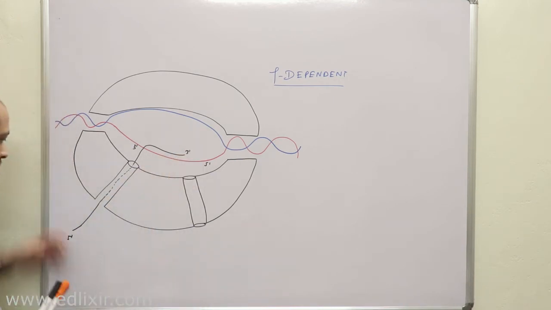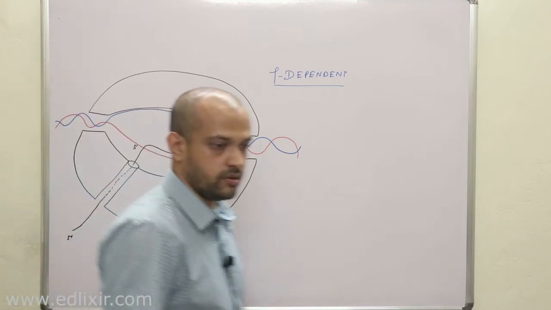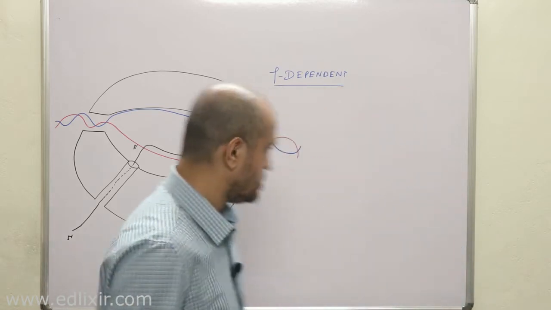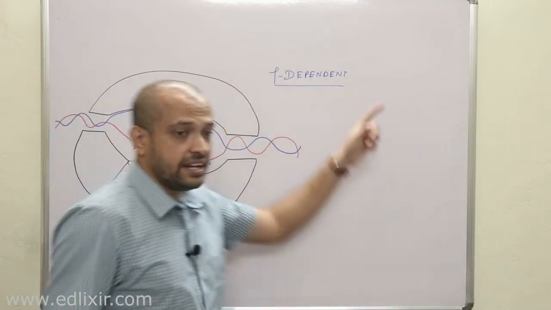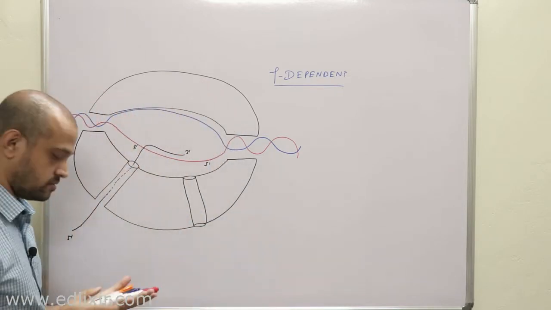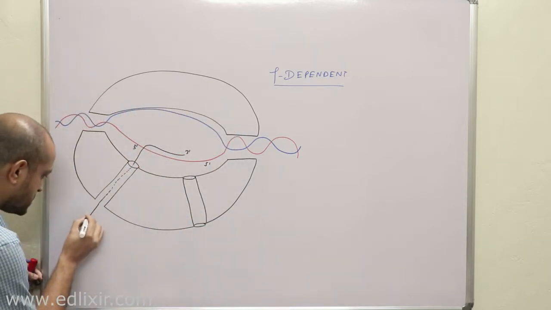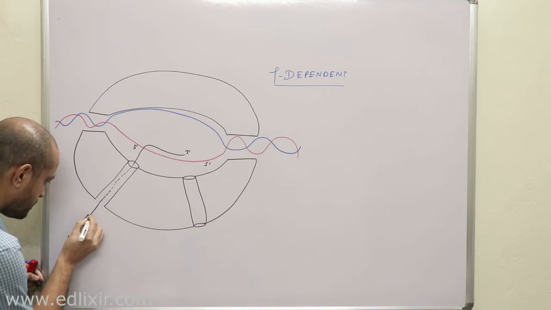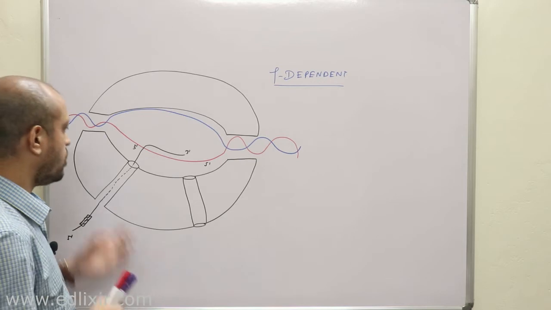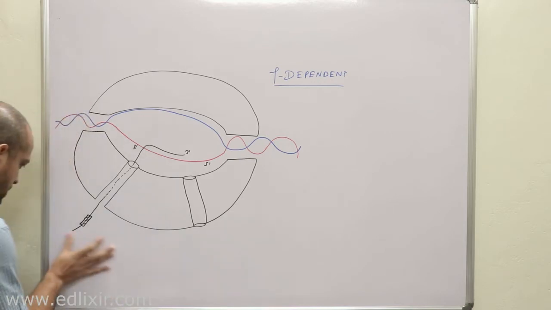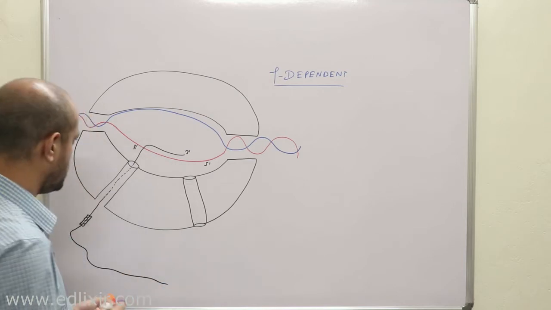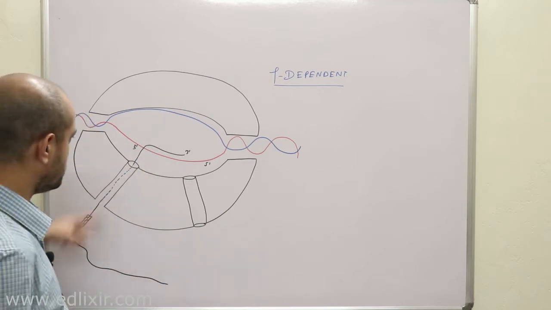Now listen, in the 5' side, there is an important point you need to understand. If you want to end transcription with the help of rho protein, you need to have this site. There is a special site in the 5' end of the RNA, which is coming out of the RNA polymerase.